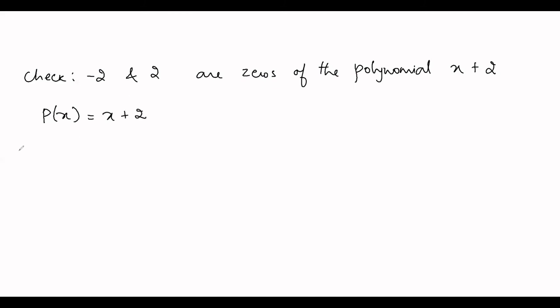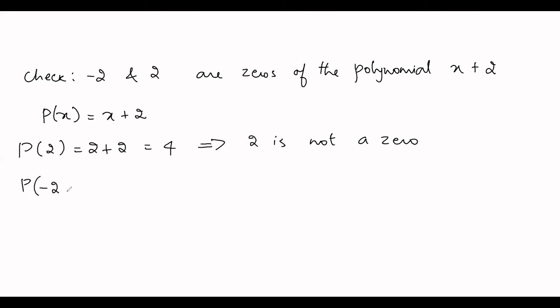Let us put in p of 2. That gives me 2 plus 2, which is equal to 4. Therefore, what do you conclude? 2 is not a 0. Next, let us put x is equal to minus 2. So, minus 2 plus 2, which I get as 0, which implies minus 2 is a 0 of the polynomial.